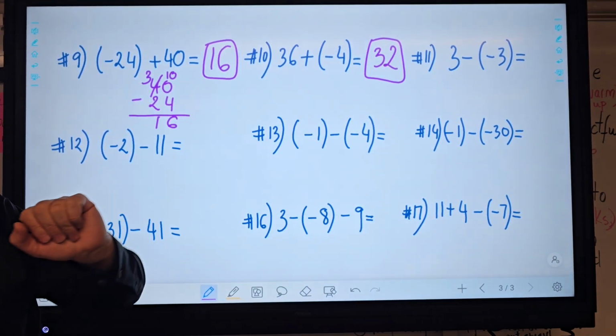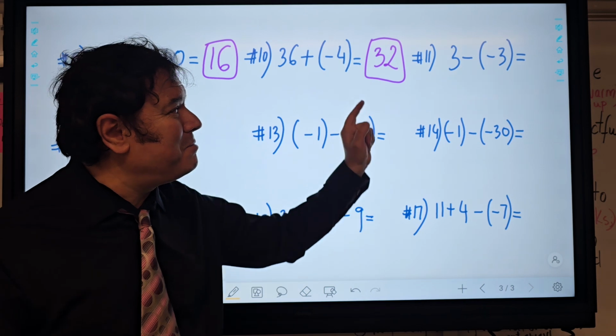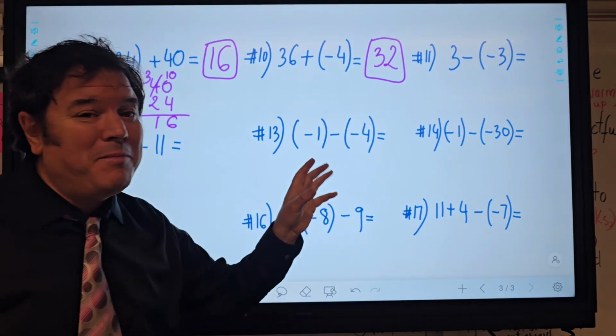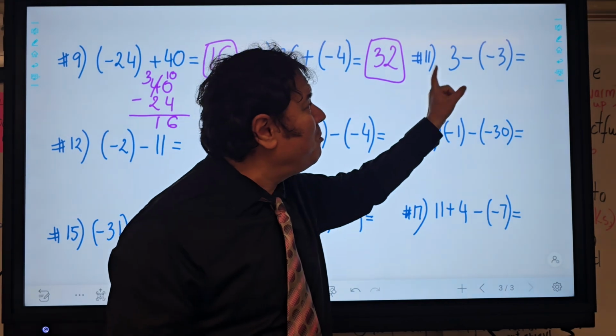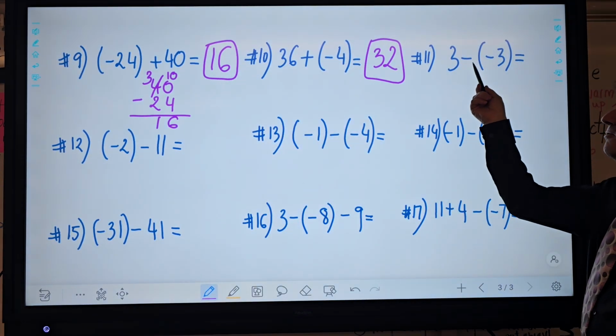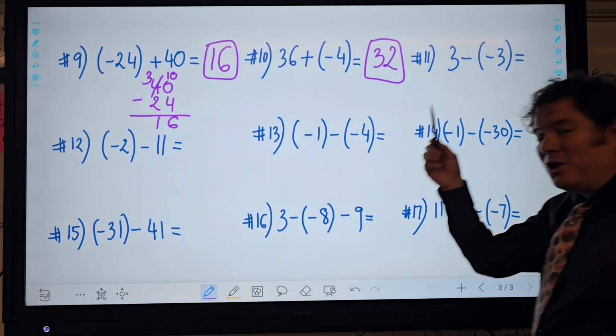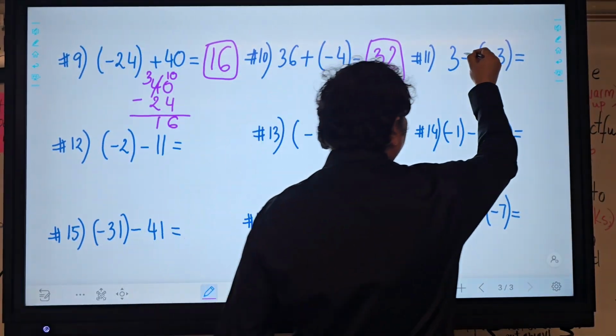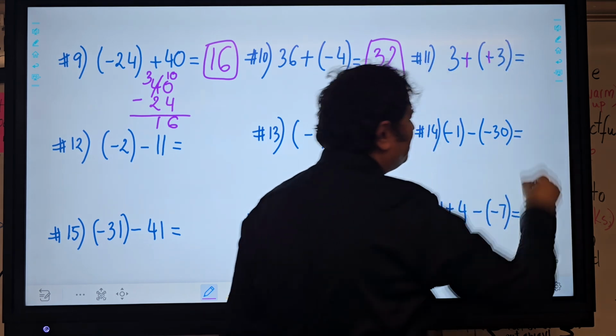Number 11. There's a little trick with number 11, and I want you to always remember. Anytime we have two negatives next to each other, just like here, negative and another negative next to each other, we call that boom, boom. Right? Let's do that. Boom, boom.